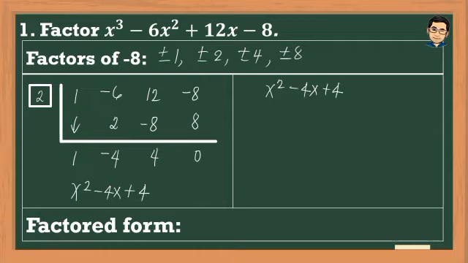So, using a perfect square trinomial, the square root of x squared, that is x, and then follow the sign of the middle term, and then square root of the last term, 4, that is 2. So, since perfect square trinomial ang ating ginamit, meron po siyang square sa labas. So, pwede siyang isulat as x minus 2 times x minus 2.